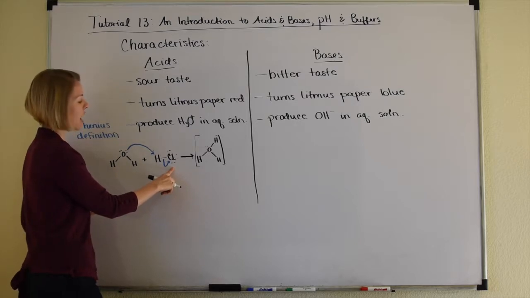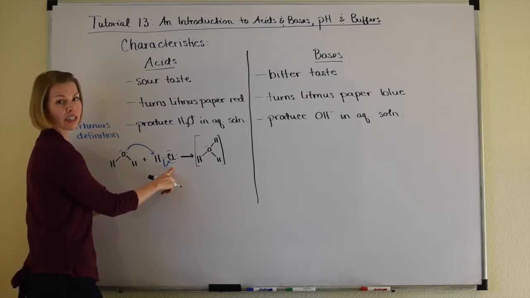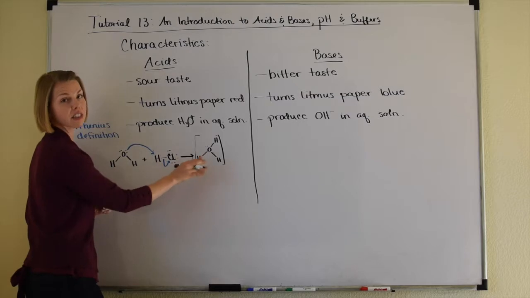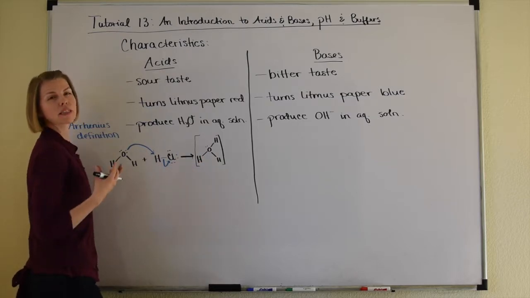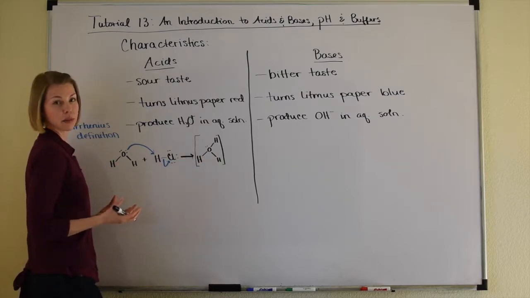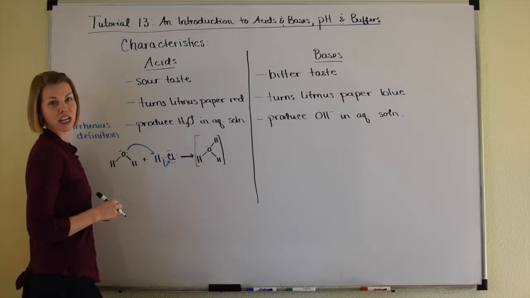So hydrogen left with no electrons of its own. It left its electron behind. That means that all the hydrogen has left, because hydrogen atoms just have 1 electron to begin with, is its proton, or a 1+ charge.